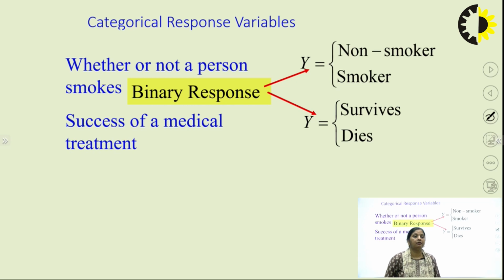Here the linear regression formula, that is the regression equation, cannot be directly applied. When the answer is not continuous but discrete, we apply regression differently, and that is the concept of logistic regression.